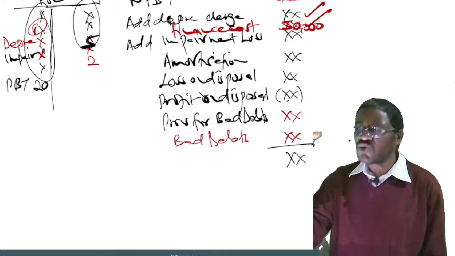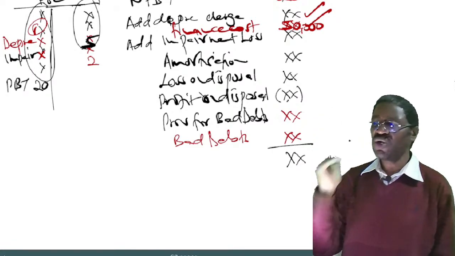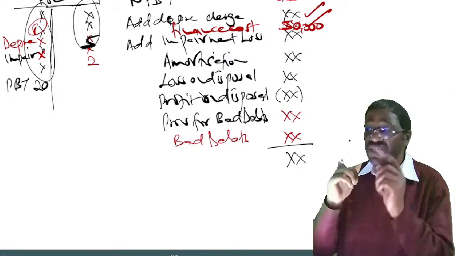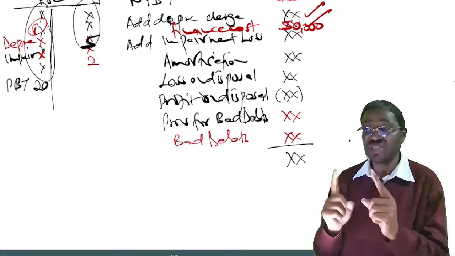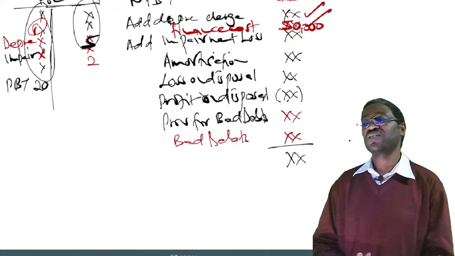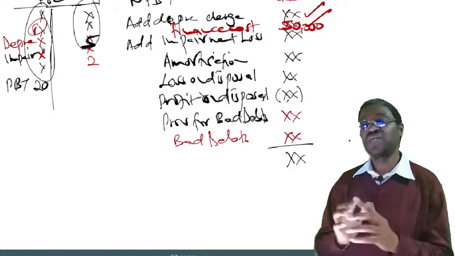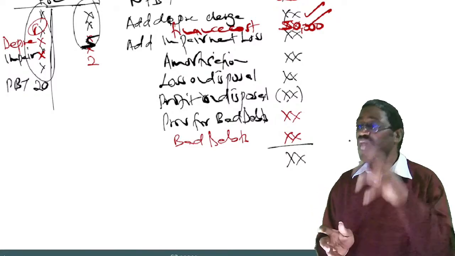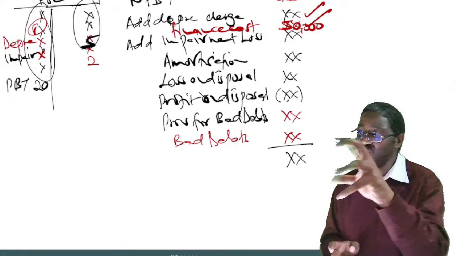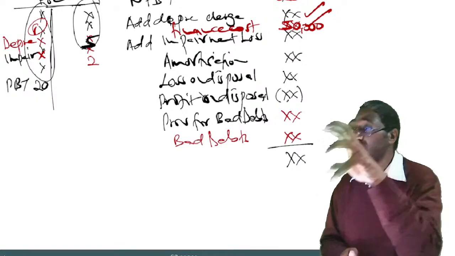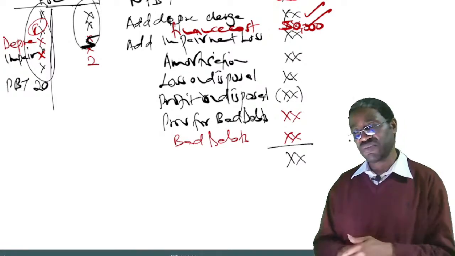You will go to the income statement and find out what it is that we charged in the P&L account as interest. So that 50 is something you just pick from the income statement, not to calculate.